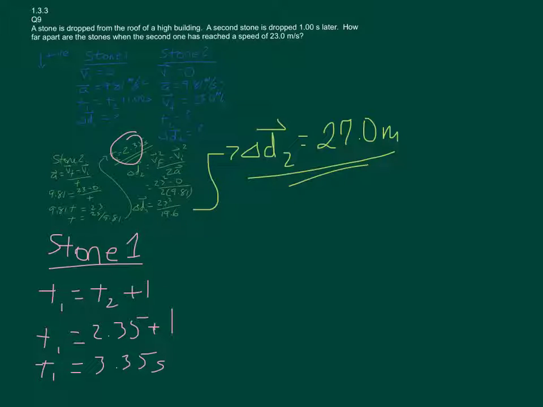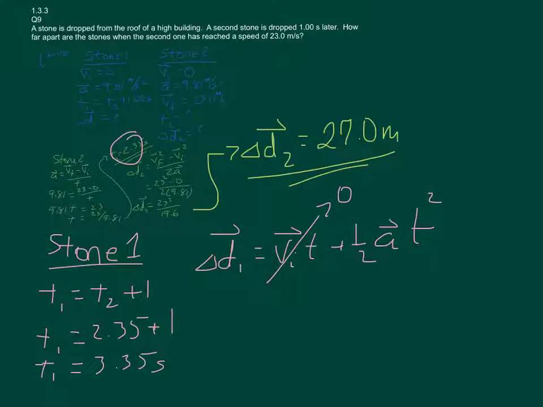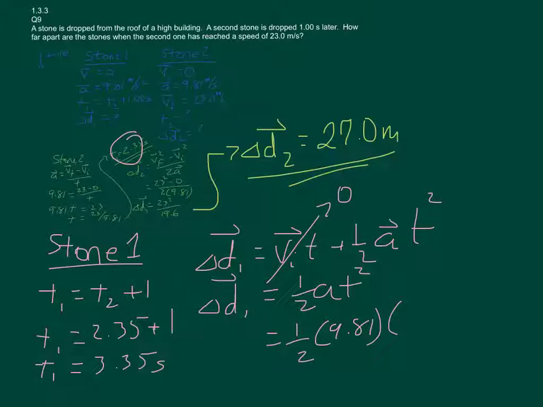So now that we have our time, I think we can find our displacement right quick. Displacement 1 is VI T plus half AT squared. VI I believe is 0, so this thing goes to 0. So I'm left with D1 equals 1/2 AT squared, which equals 1/2 times 9.81 times 3.35 squared.